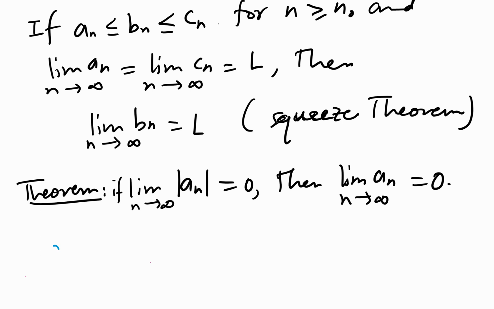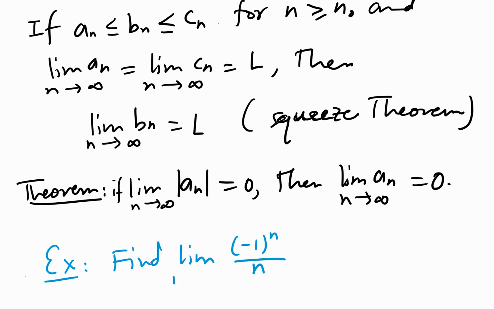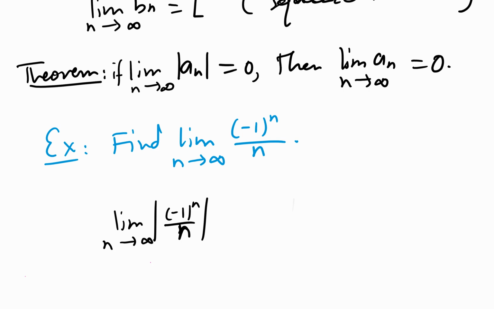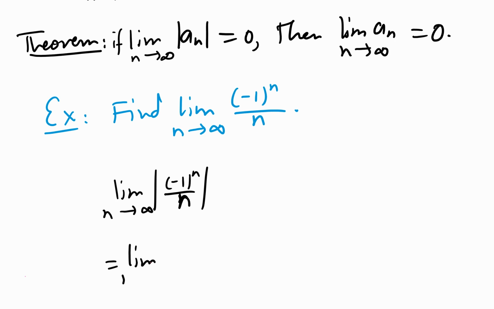Let's look at an example. If we are asked to find the limit of negative 1 to the n over n as n approaches infinity, we find the limit of the absolute value of negative 1 to the n over n. Note the denominator n is positive all the time, so I'm not worried about that part. When you take the absolute value of the top, negative 1 to the n, that will be 1. So this will go to 0.